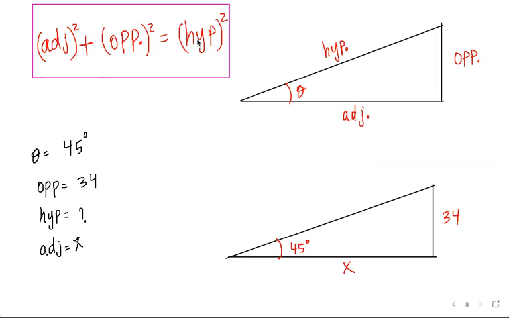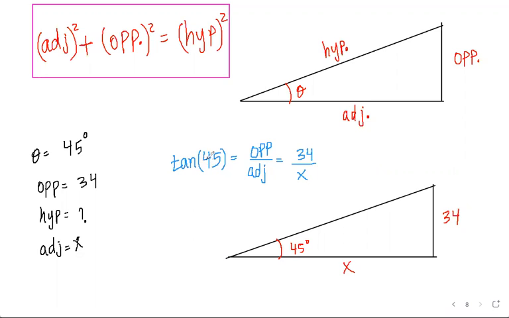So I can use the ratio function, the tan function. The tan function says the tan of 45 equals the opposite over adjacent, right? And they give me the opposite is 34, and the adjacent, I need to find it, put x.